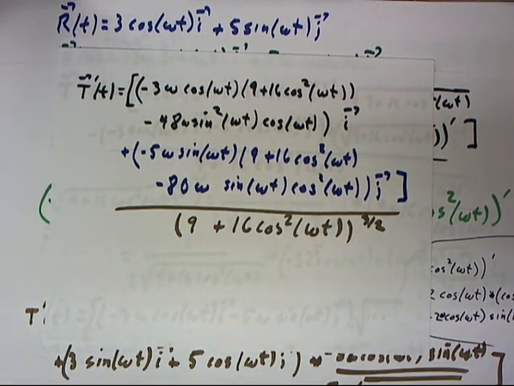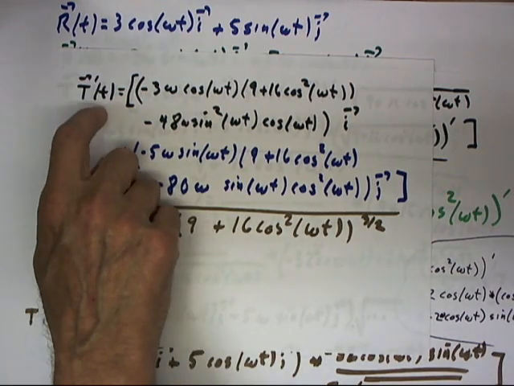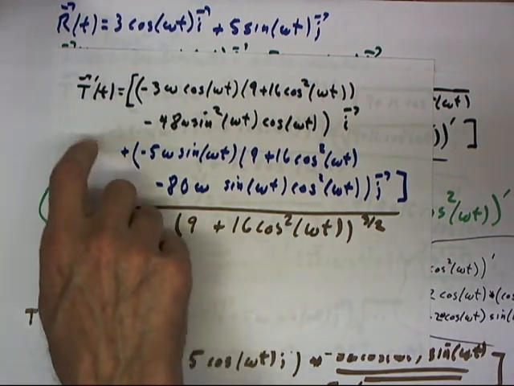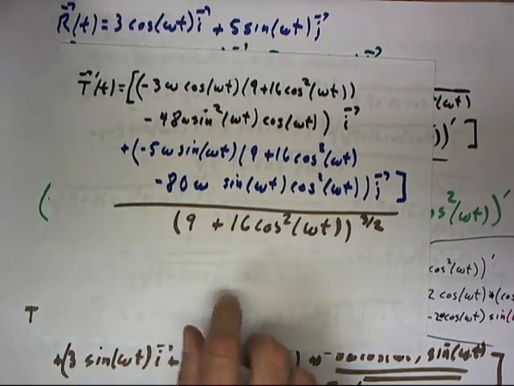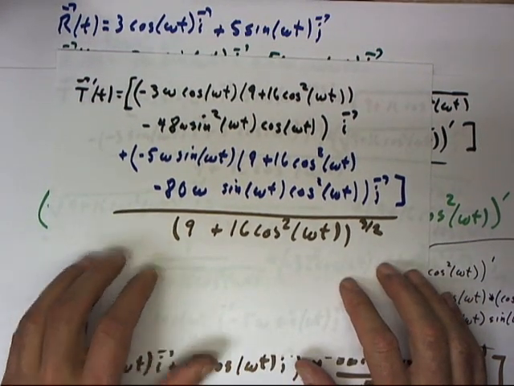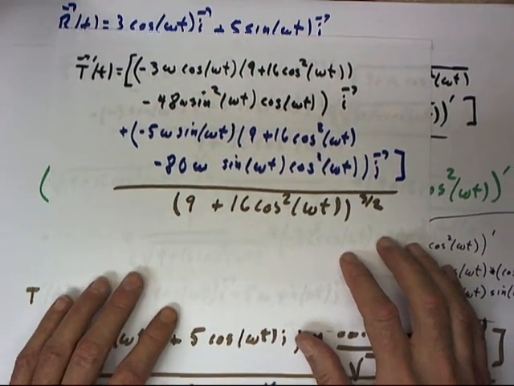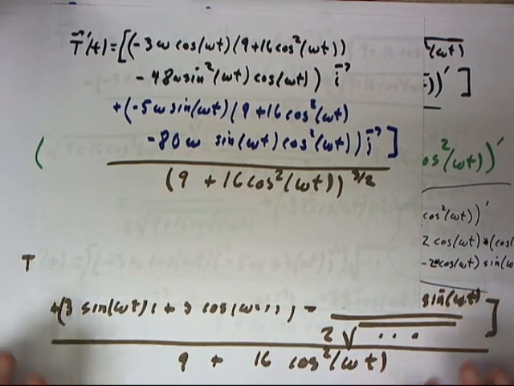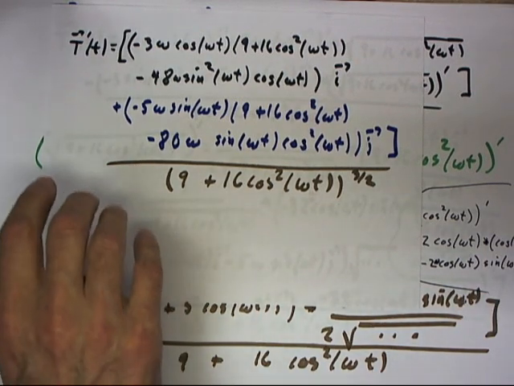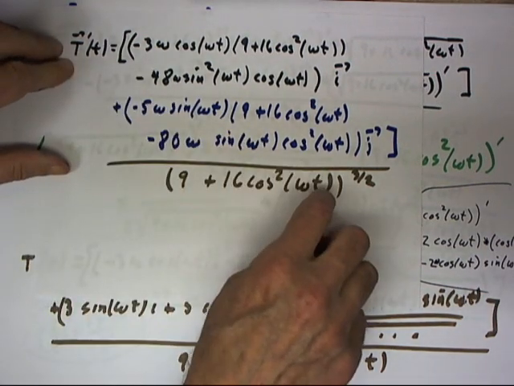Now, I said earlier that this is a relatively straightforward process of differentiation. Sometimes the unit tangent vector can be much, much more complex than this. And let me emphasize again, it's important to know the rules of differentiation and to simply apply them to this situation. So, here's our unit tangent vector.